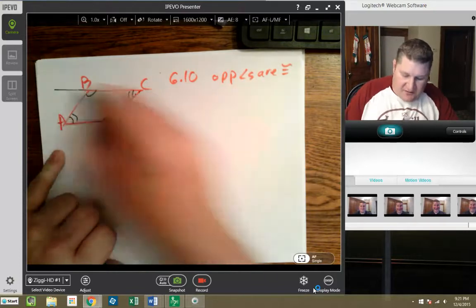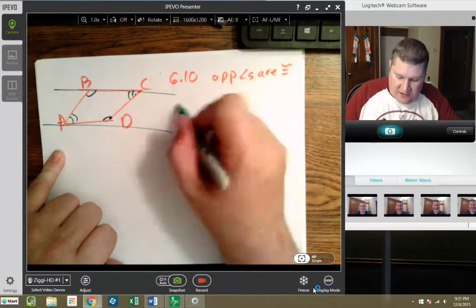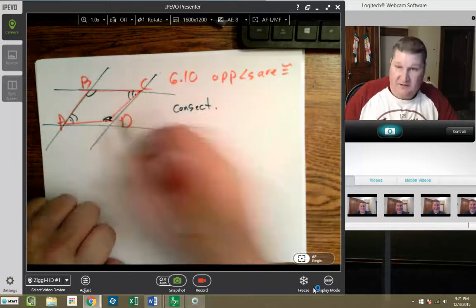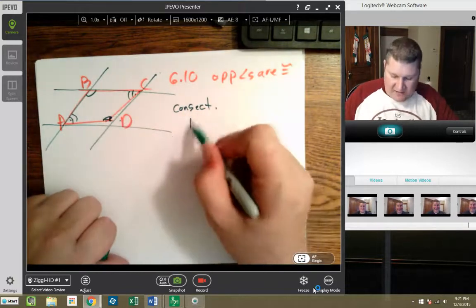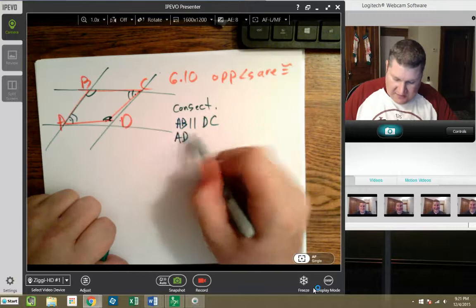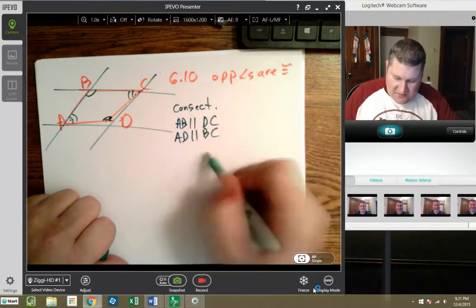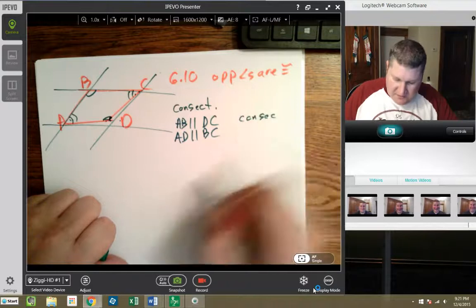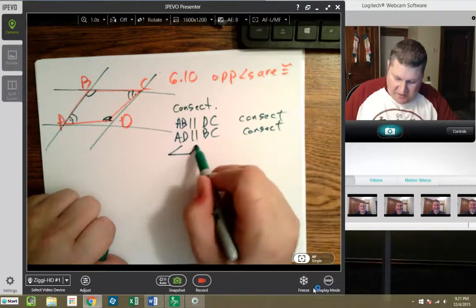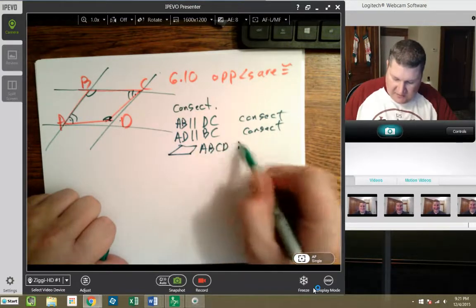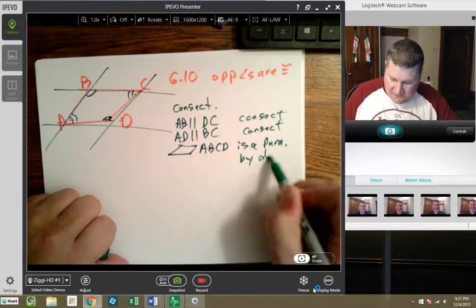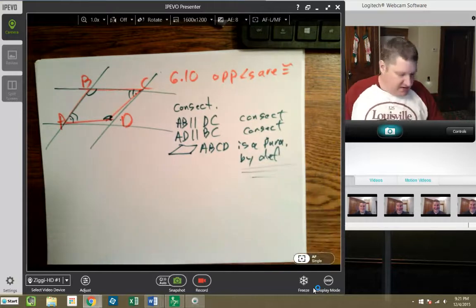If these two are supplementary, then I can prove this line and this line parallel by consecutive angles, and this line and this line by consecutive angles. And so once I have that AB is parallel to DC and AD is parallel to BC by consecutive angles, okay, I can say that the shape ABCD is a parallelogram by definition. You'll notice I keep proving by definition.